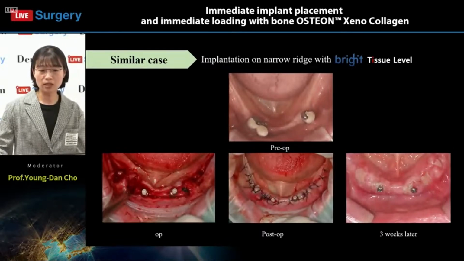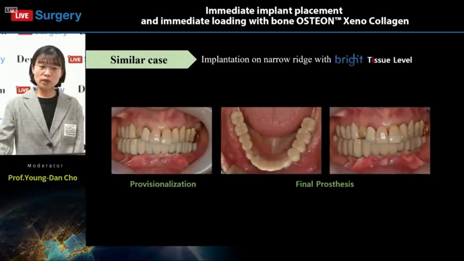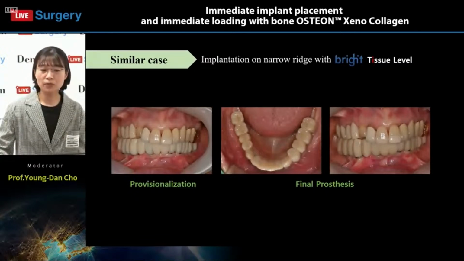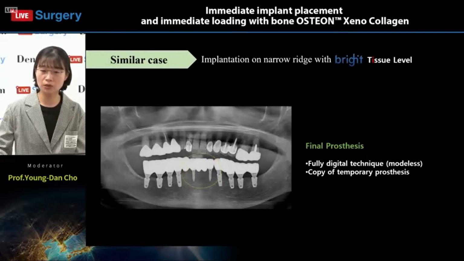According to the plan, he did the immediate implantation using the bright tissue level implants. We can see the good initial stability and good healing of the soft tissue after 3 weeks of surgery. We can see the successful and beautiful provisionalization and also the final prosthetics in the clinical photos. He did the final prosthetics using fully digital techniques, and he used a copy of the temporary prosthetics.